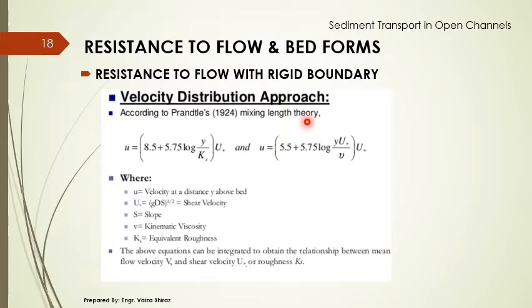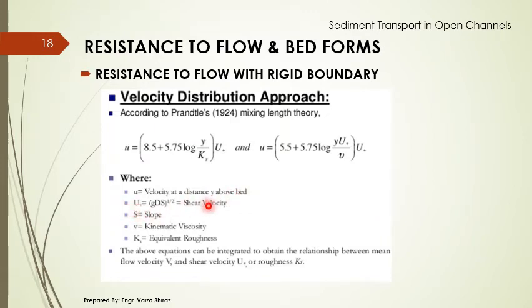Now we will discuss the resistance to the flow if you have a rigid boundary, and in this we will first discuss the velocity distribution approach. So you have this equation for u. This u is the velocity at a distance y above the bed.